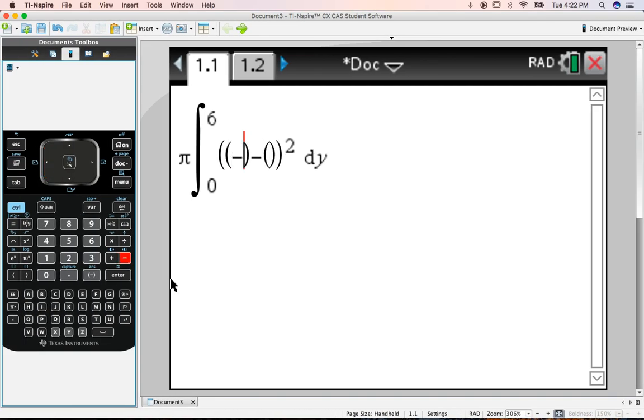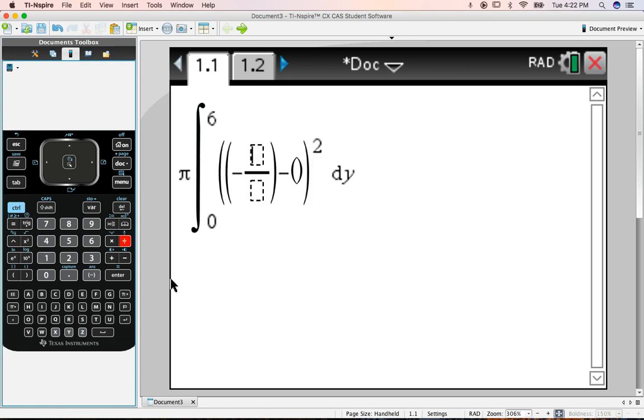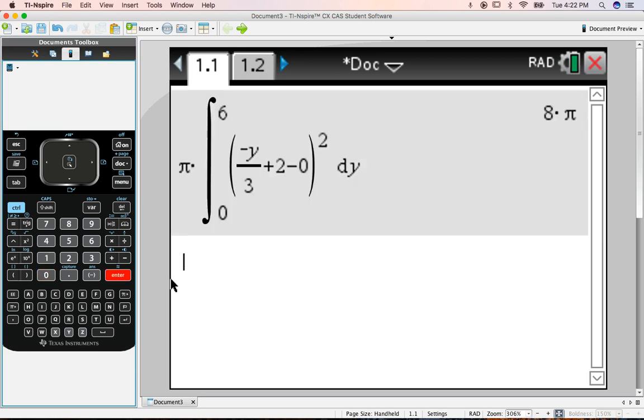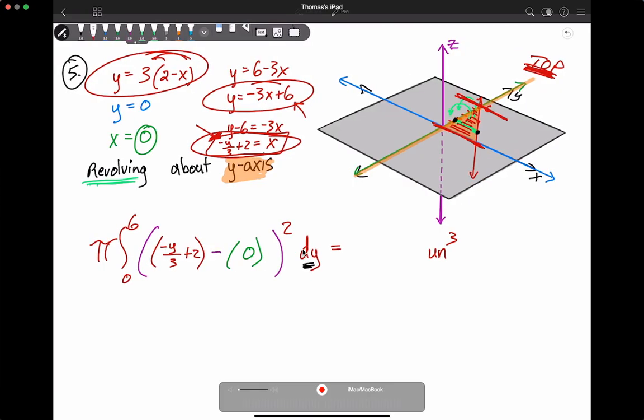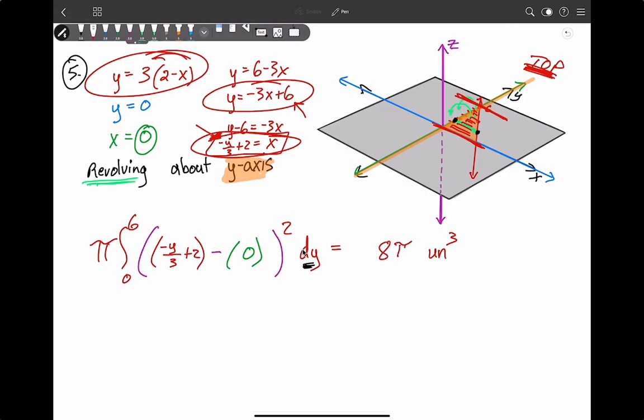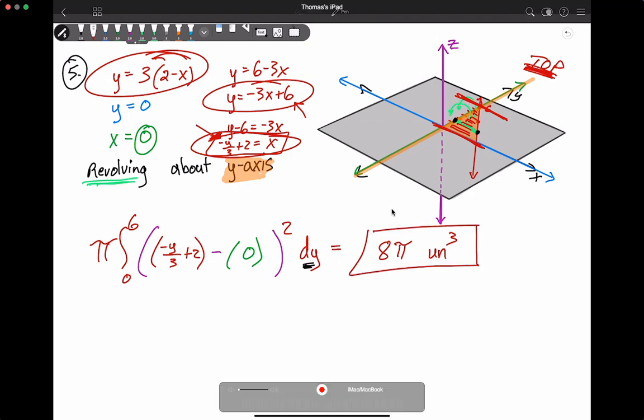And then that bottom function was just 0 because it was the y-axis. Otherwise, x equals 0. Okay. And then when I press enter, I get 8 pi. So my answer to this is going to be 8 pi units cubed. All right. So that's how you do this one.